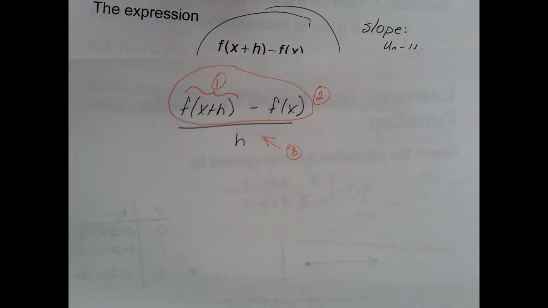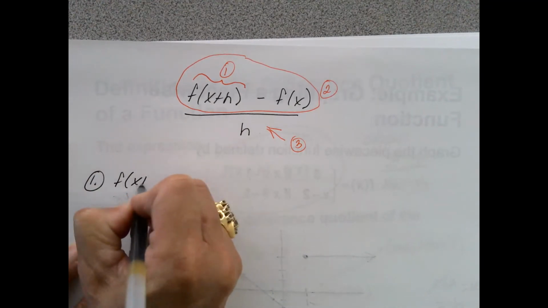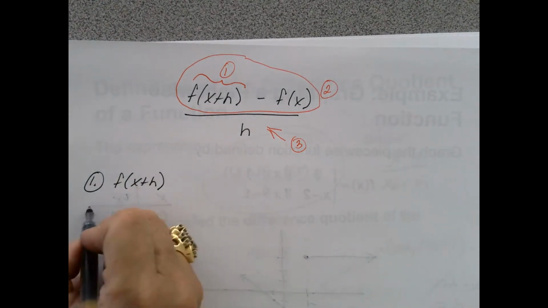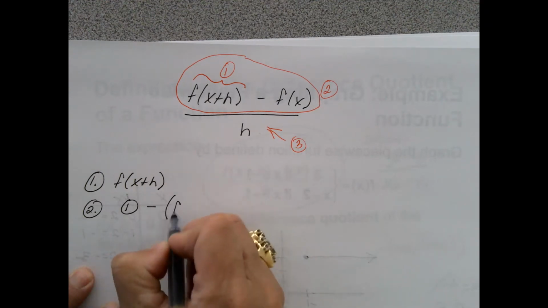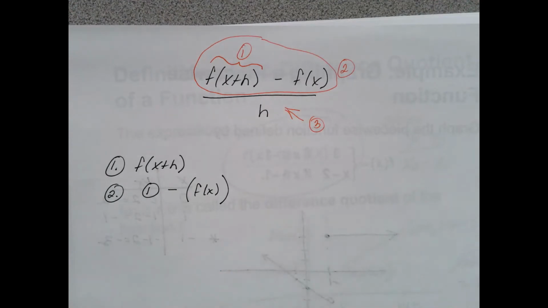Okay? Let me write it out a little bit more clearly. So step number one, evaluate your function at x plus h. Plug x plus h in where x used to be. Step number two is to take your result from step number one and subtract off the original. Subtracting off the entire original. So I put some extra parentheses in there on purpose so that you're sure to subtract off every single term and not just the first one.